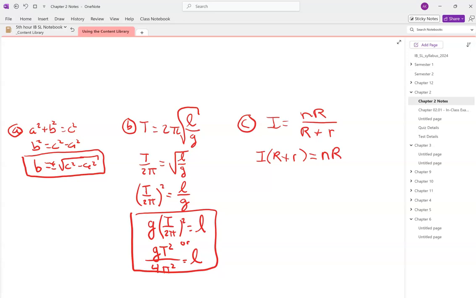I wouldn't do that yet because I have r's on both sides of my equation, right? Before I start dividing, I'd want to get the r's on the same side. Yeah, so let's distribute that I through. And now let's subtract so that the r's are on one side.